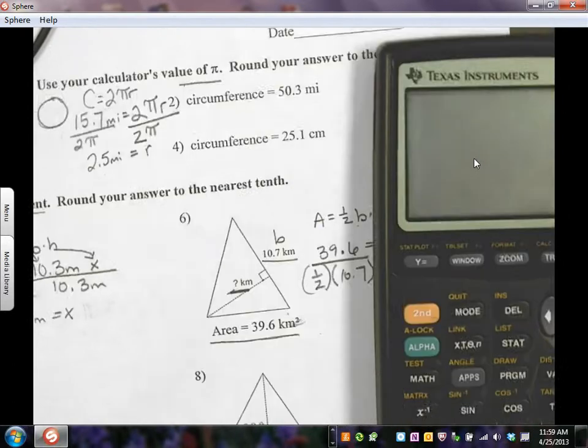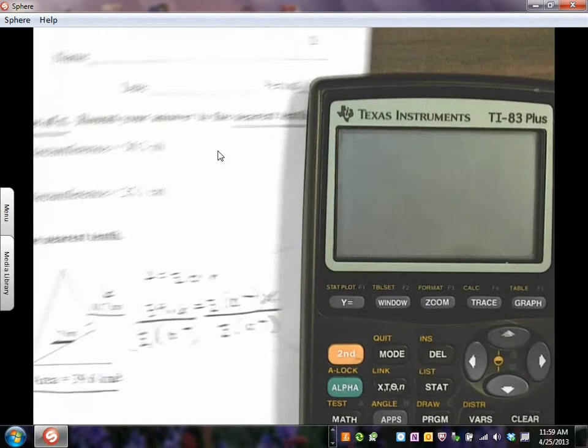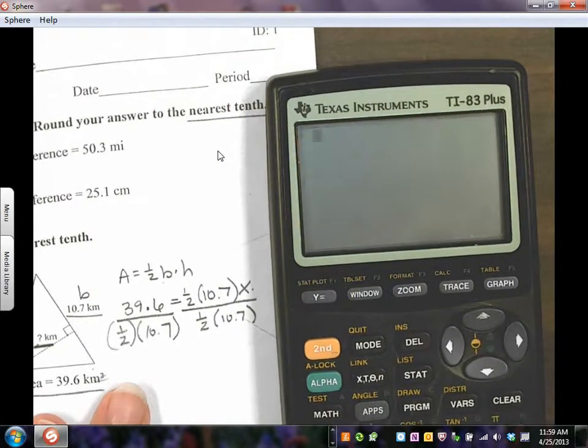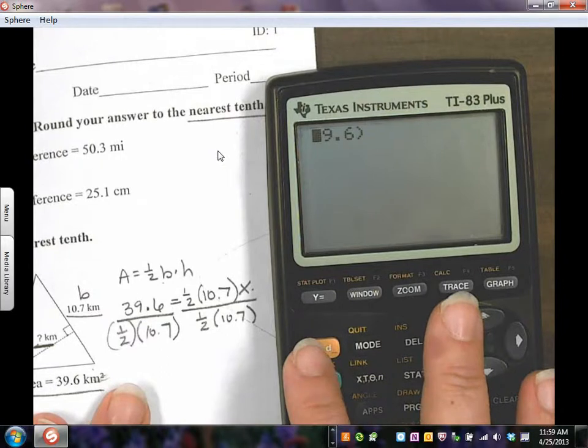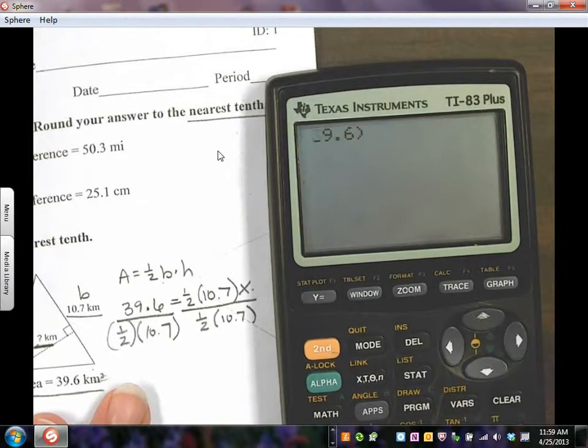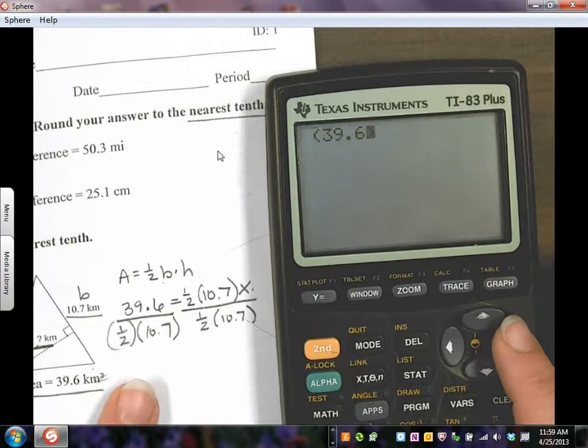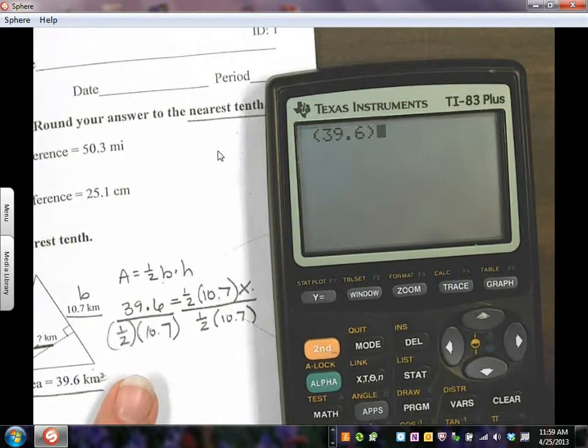I would type in, let me get this kind of to the side so we can look at it, 39.6, and I'm going to put that in parentheses, just to kind of get us in the habit of doing that. 39.6 divided by, and I'm going to do 0.5 for 1/2, times 10.7.